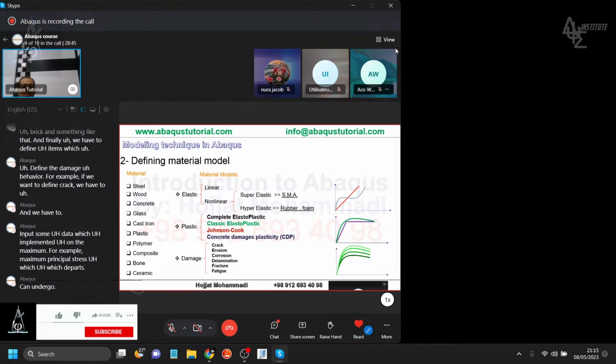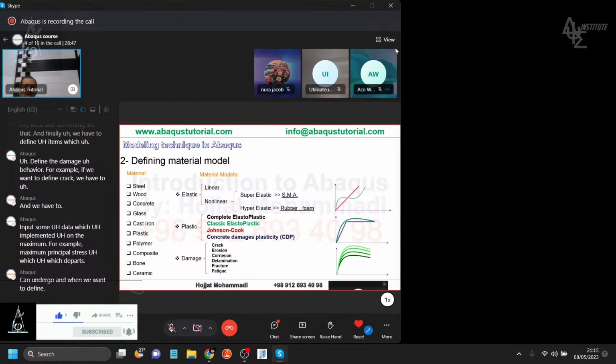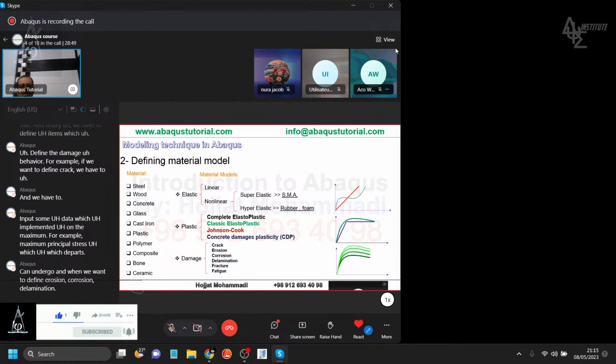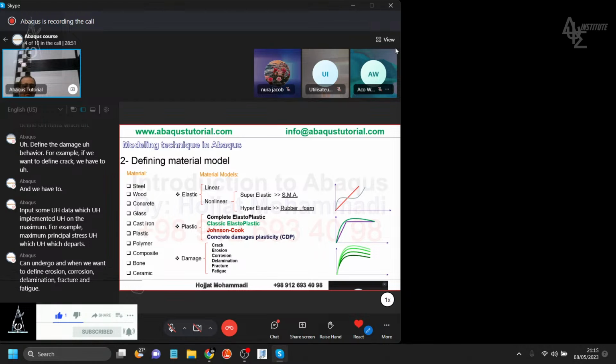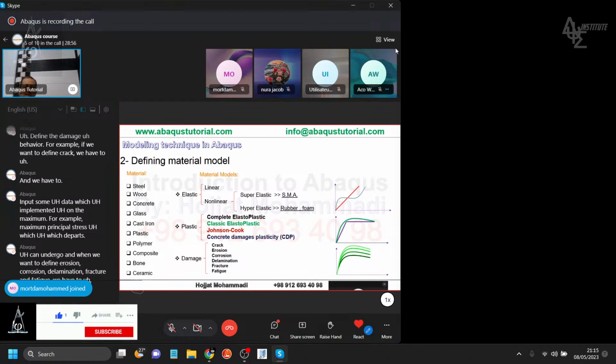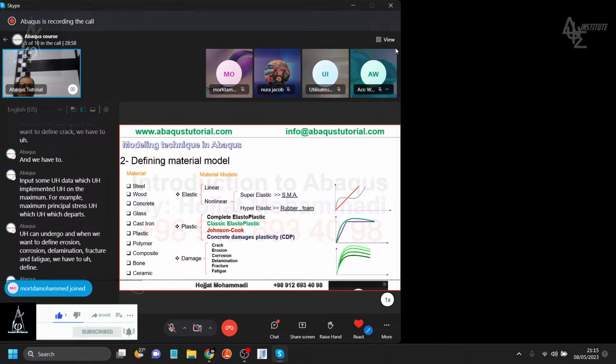And when we want to define erosion, corrosion, delamination, fracture, and fatigue, we have to define the corresponding data in the model.